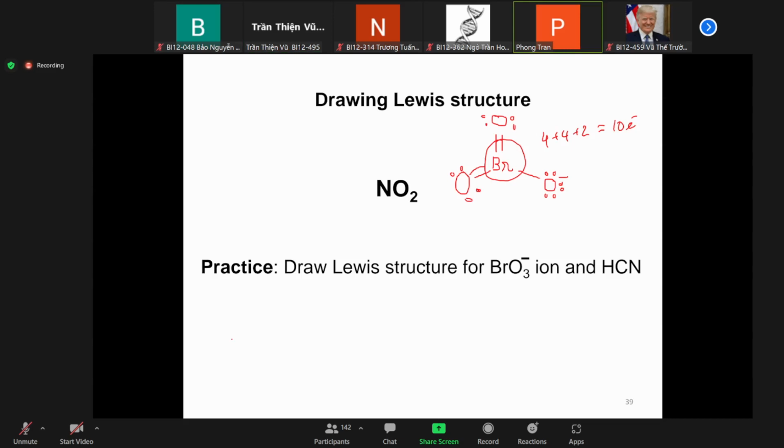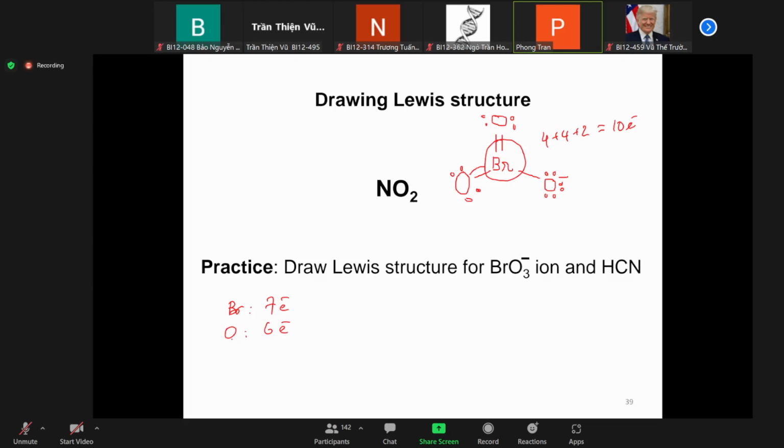Well, let's consider the following case. Let's say bromine has 7 electrons, right? Oxygen has 6 electrons.